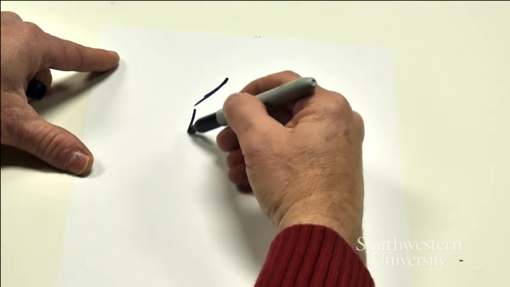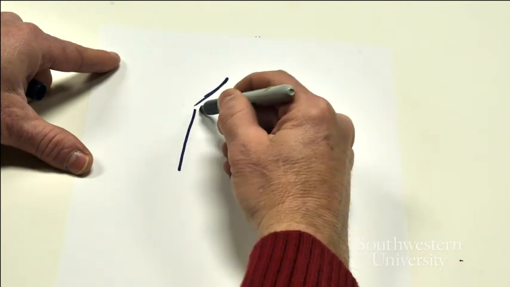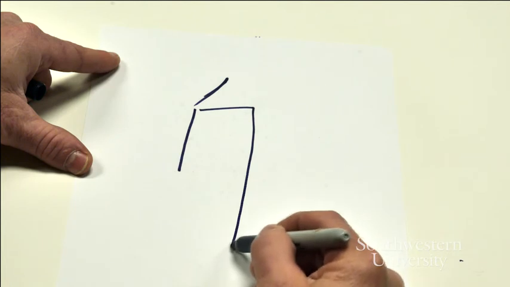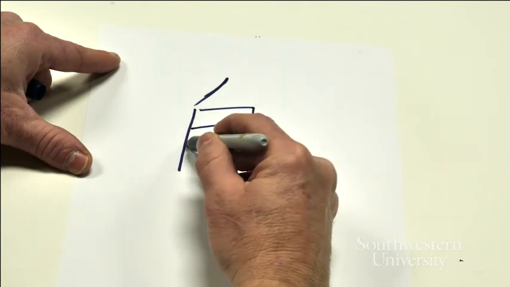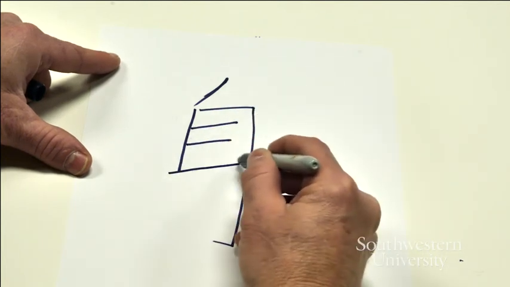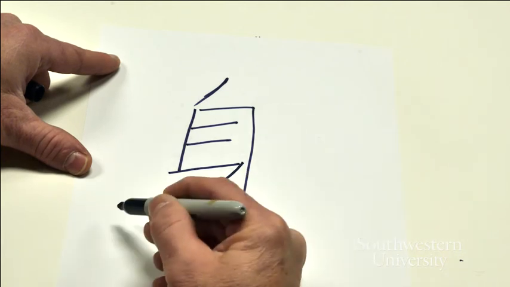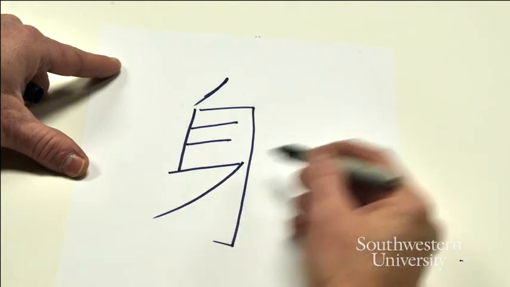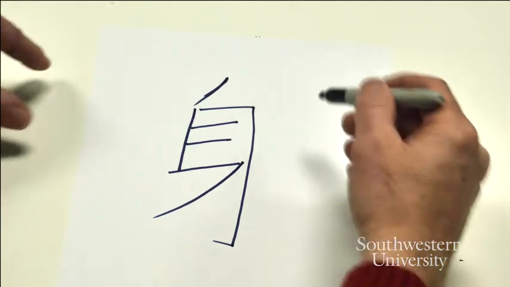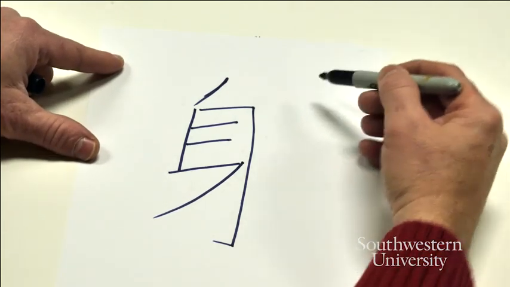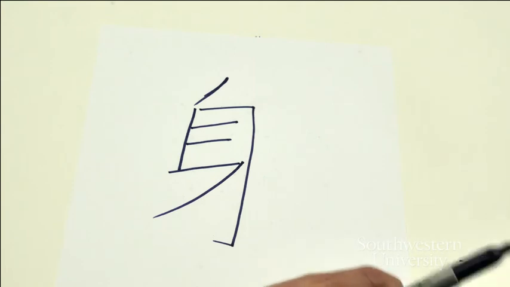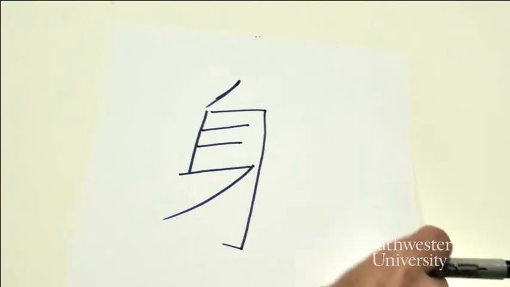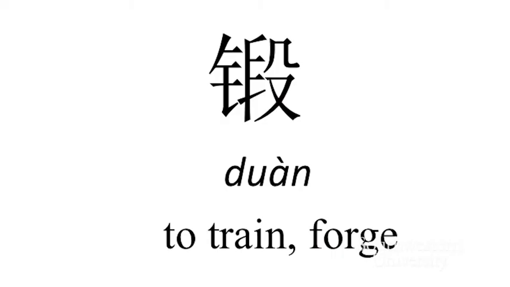Shen actually was a depiction of someone with an extended belly. I would try to draw it, but I don't think I would do justice to it.